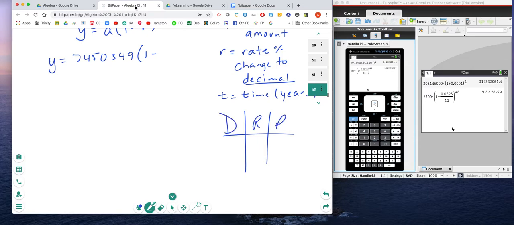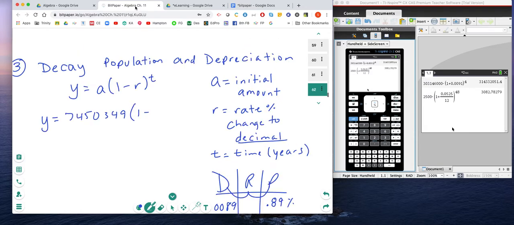And our rate is 0.89%. It is a decimal percent. We want it to be just a decimal. So we're going to move that decimal 2 places to the left. So it's going to be 0.0089 parentheses.